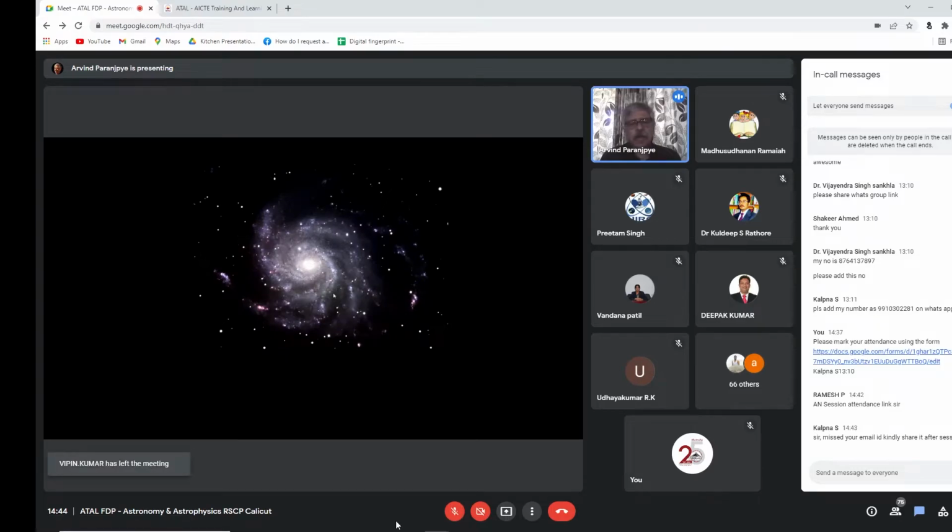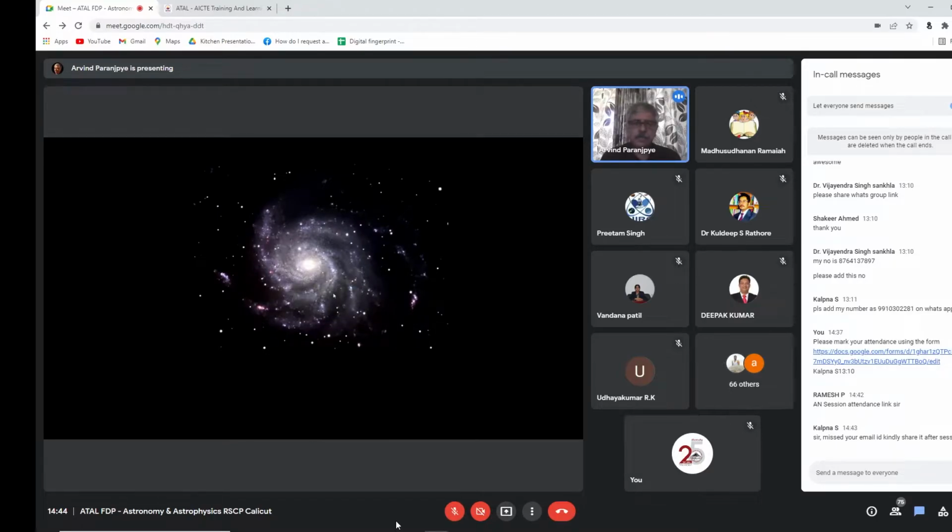Now, one may ask how do we know that our Milky Way galaxy would look like this if you go far away from Earth? The answer is very straightforward. Astronomers over the past 400 years or so, or at least 300 years, have been observing the sky regularly using various equipment.